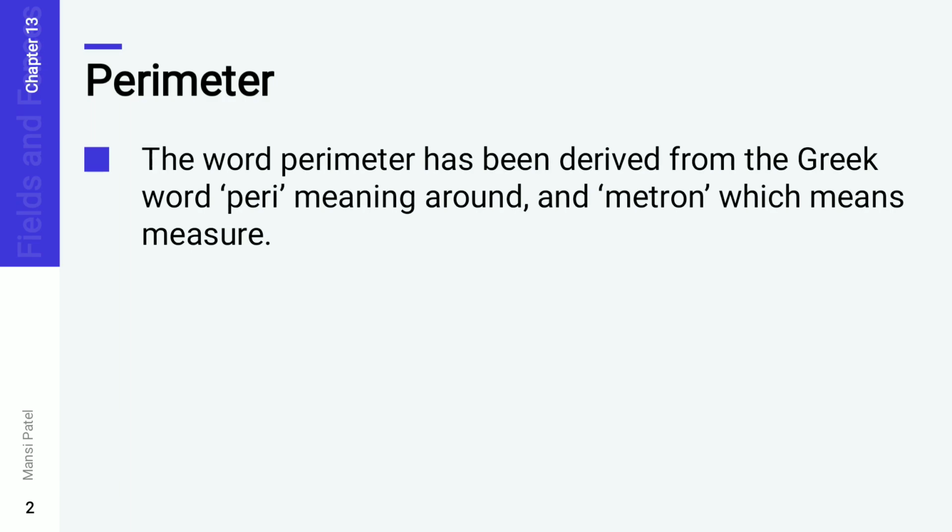Perimeter. As we know already, the word perimeter comes from a Greek word. In Greek, peri means what? Around, and metron means what? Measure. So what is the meaning of perimeter? In the perimeter, we are calculating the distance which is around us.